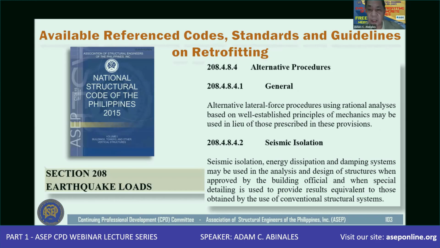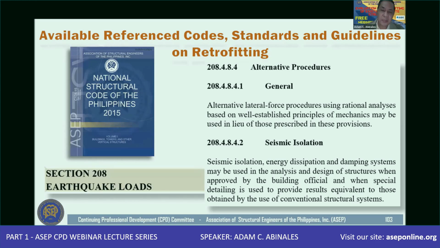Seismic isolation, energy dissipation, and damping systems may be used in the design and analysis of structures when approved by the building official and when special detailing is used to provide results equivalent to those obtained by the use of conventional structural systems.